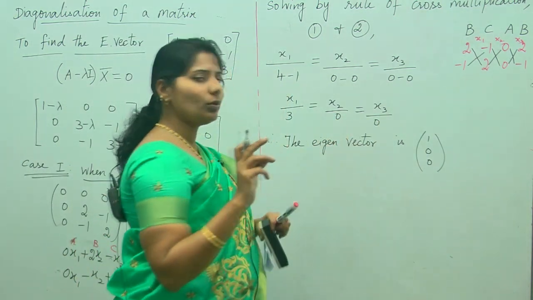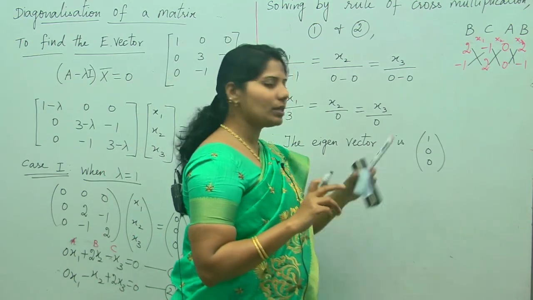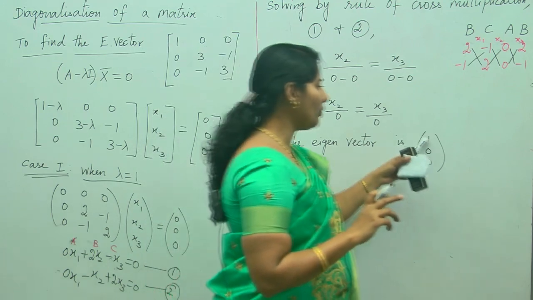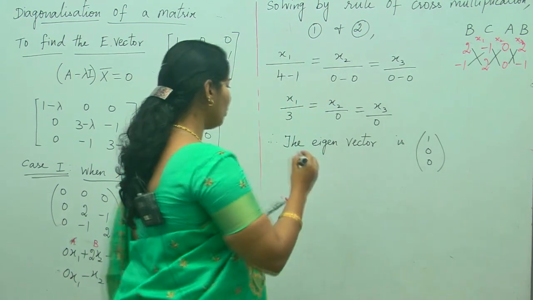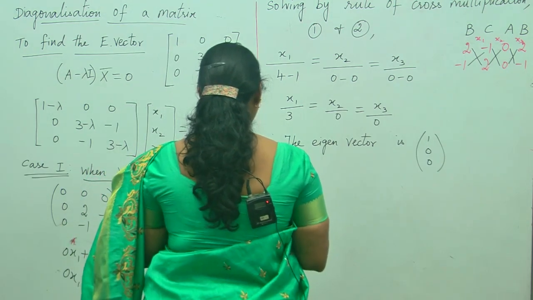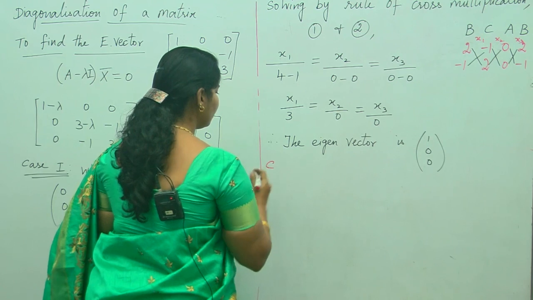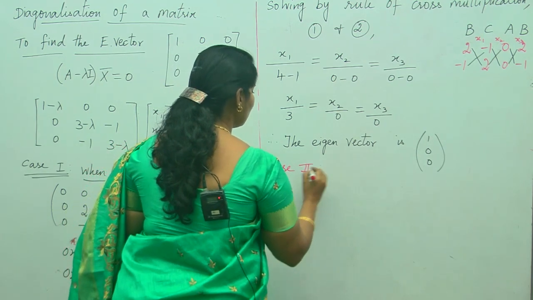So I told you in the earlier session that all the eigenvector entries cannot be zeros. Any one value you can get. So this is correct. Now we will move on to the second case. Case 2. What is the second eigenvalue? Lambda is equal to 2.